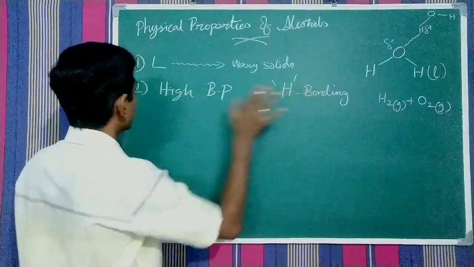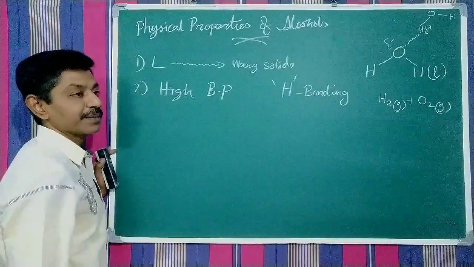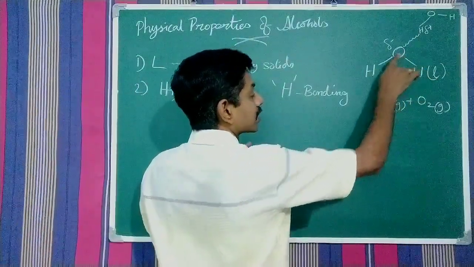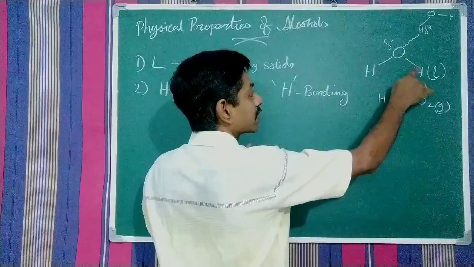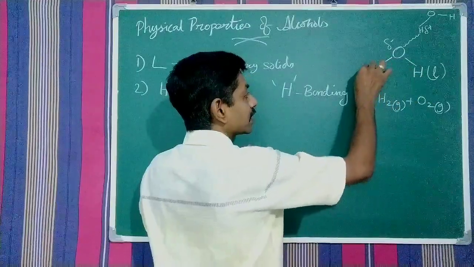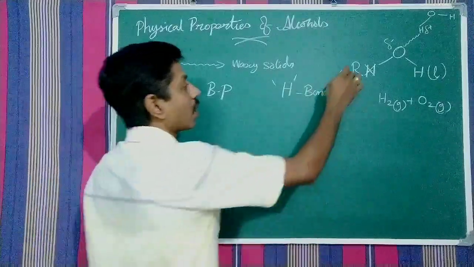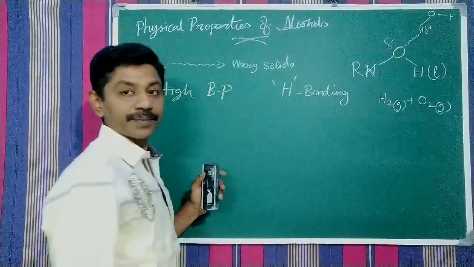And the same behavior is also available in alcohol, because we learned the alcohol molecule is similar to that of water, where one side hydrogen, other side instead of hydrogen we have R, that's all. So ROH is the group.